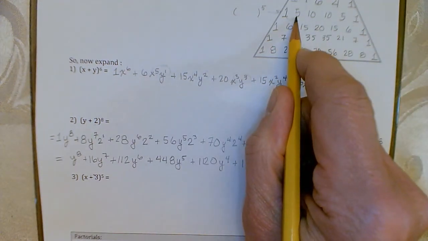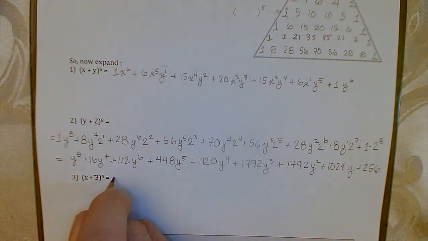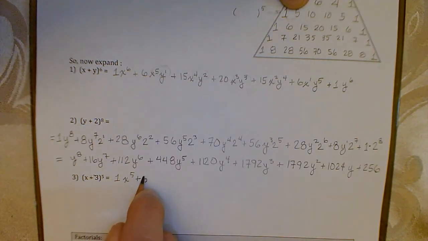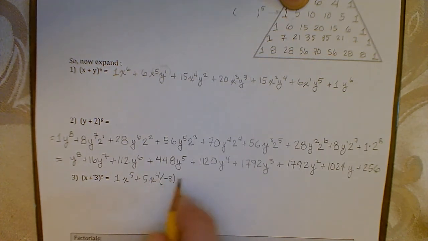We'll be using this row up here, right? Because this row is raised to the 5th power. So try that one. All right, so I'm going to start with the 1, x to the 5th, and then plus 5, x to the 4th, and negative 3 to the 1.